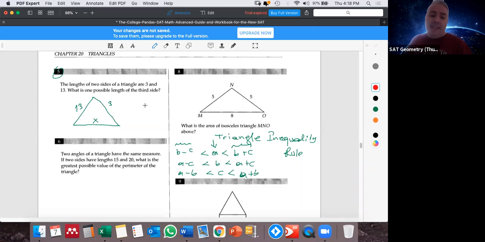Now, X is less than 3 plus 13 and greater than 13 minus 3. So X is between 10 and 16. So it asks what is one possible length?